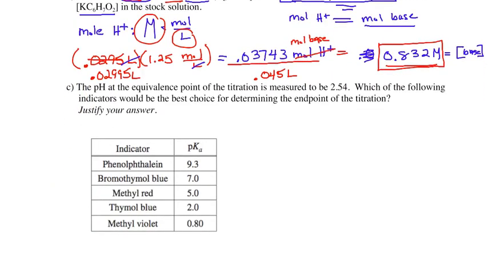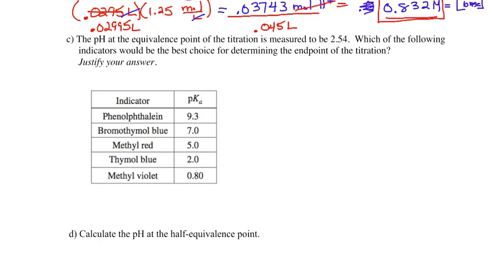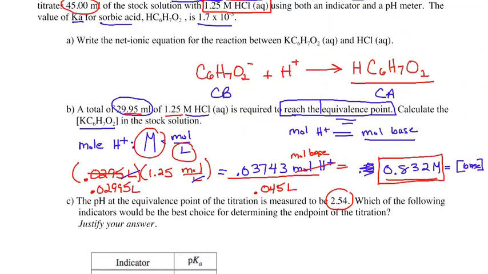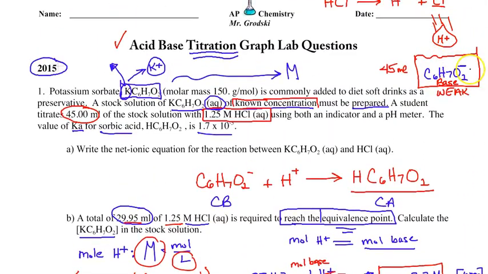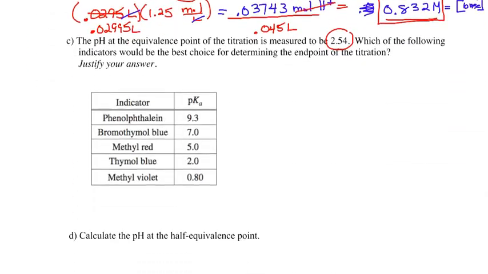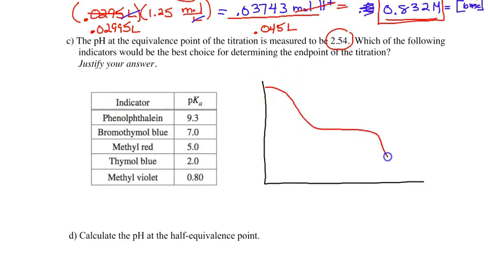So moving forward, the pH at the equivalence point is 2.54. Well, that seems pretty low, but what are we doing here? Again, we're dropping an acid into a base, which means we have a pH probe sitting in our beaker. If we're starting with base, it makes sense that we would start with a very high pH, very basic range, and it would come down and then have an asymptote.